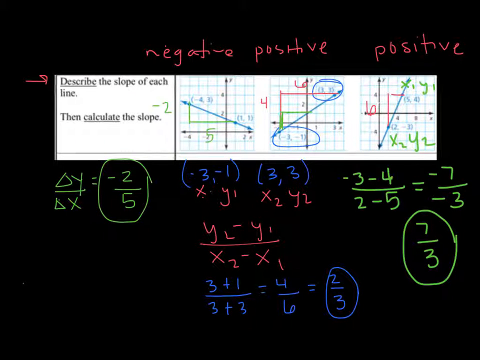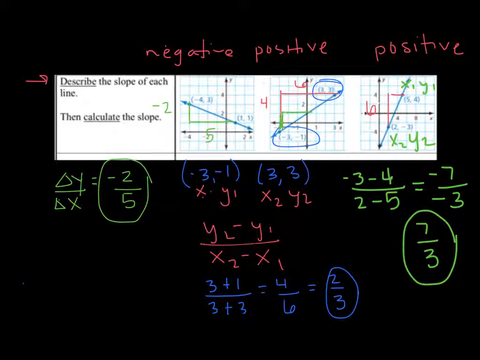Okay, so for this one I decided to use the formula because when I went to start doing my slope triangle, it looked like it was slightly off on my graph and I didn't want to make a mistake. So I labeled this point as my x1, y1, and this was my x2, y2. Then I just filled in my formula. So y2 is negative 3 minus y1, which was 4, over x2, which was 2, minus x1, which was 5.